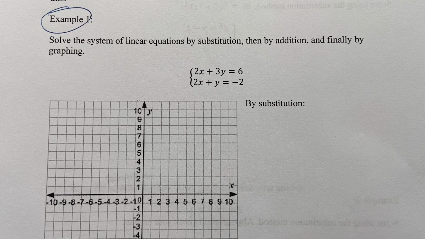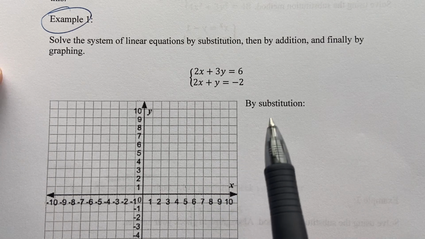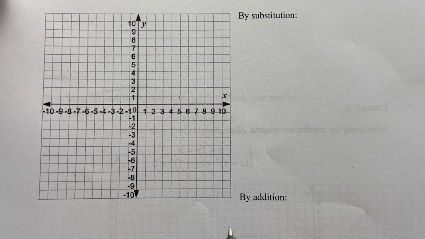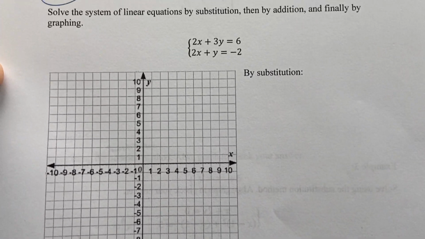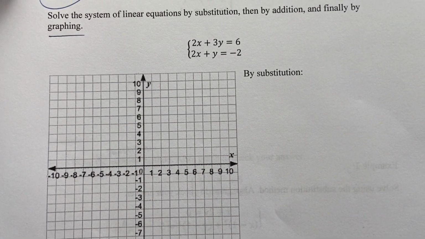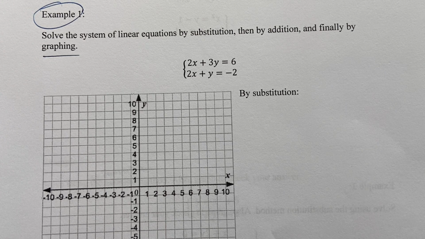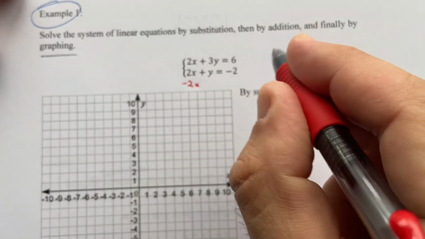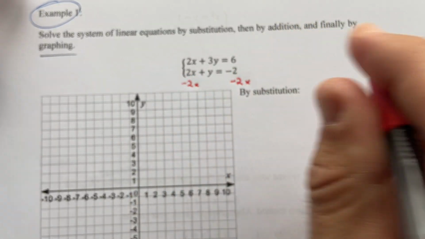So let's see. Let's try to solve this by substitution first, and then I'll go on and talk about addition, and then I'll go on and talk about graphing. Okay, so by substitution, what is meant is you can solve for one of the variables. So maybe I'll subtract 2x here from the second one.